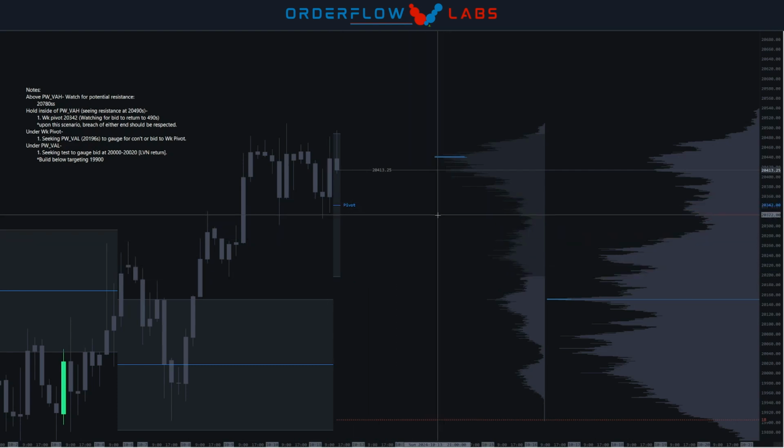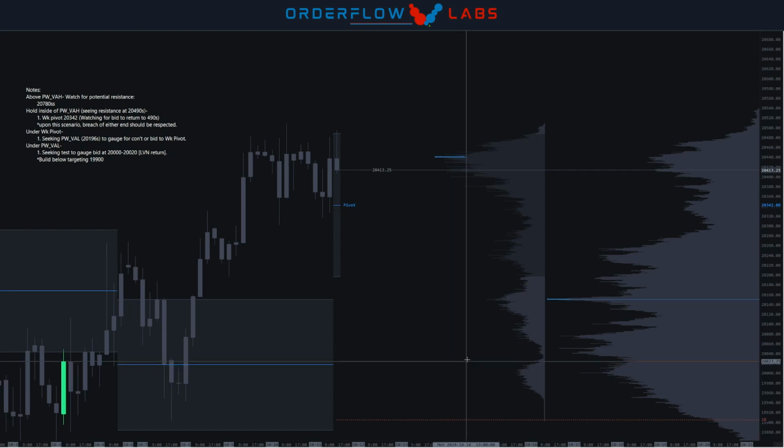we push up and fail from here, then I'd be targeting back across to the previous week's value area low into this range down here to this untested weekly pivot, and would gauge bid around 20,000 even to 20,020 for a potential LVN return.